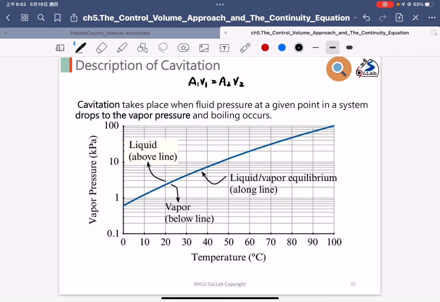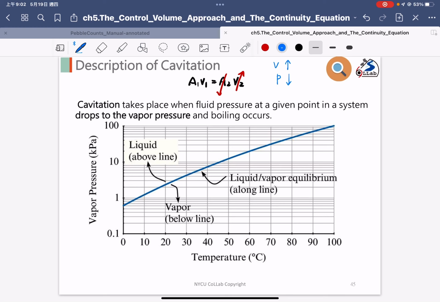So if we have a small cross-section area, we'll have a larger velocity, and based on the Bernoulli equation, the larger velocity will have the lower pressure.